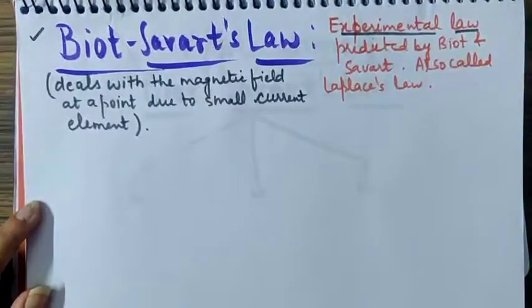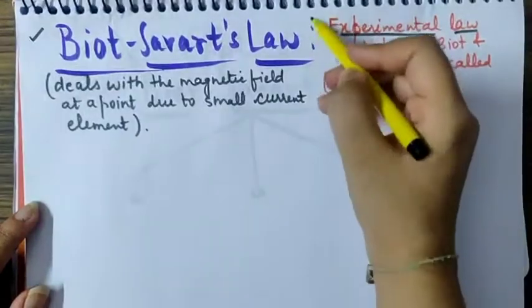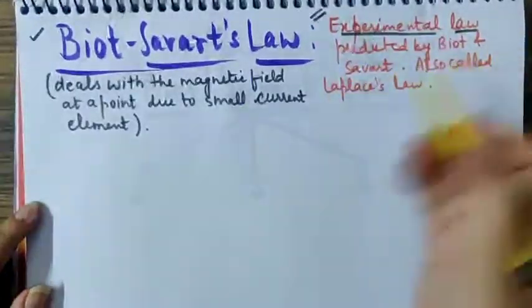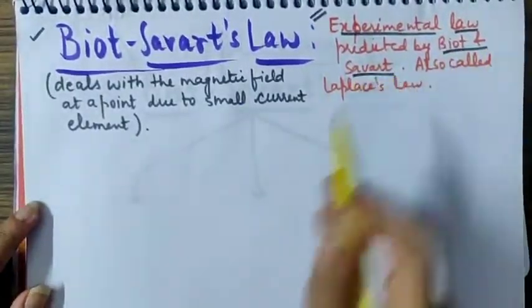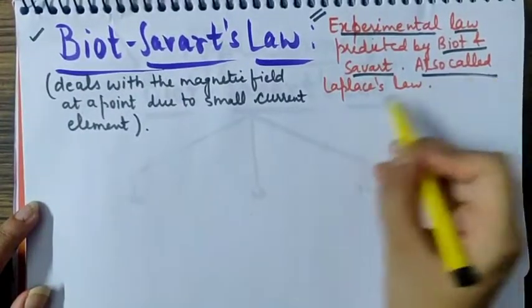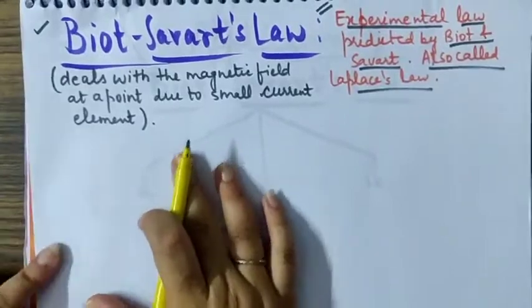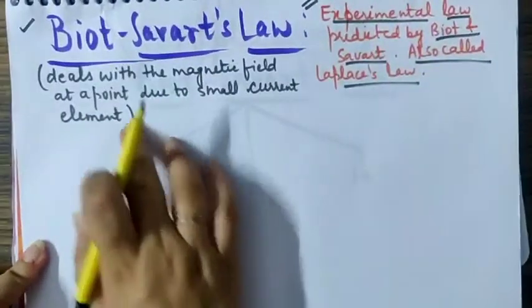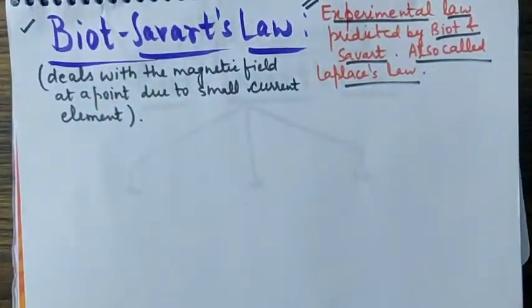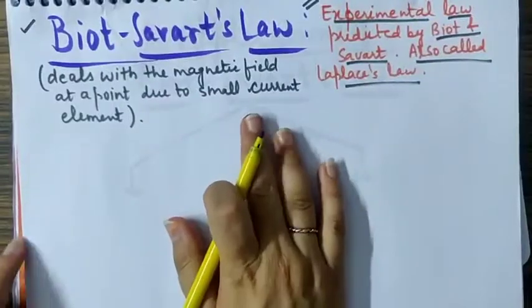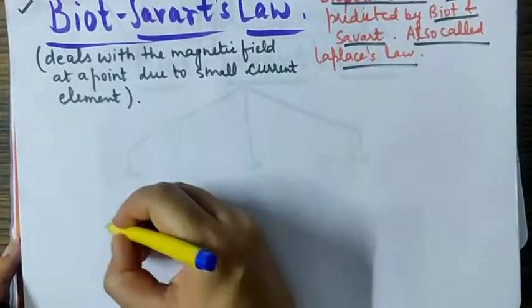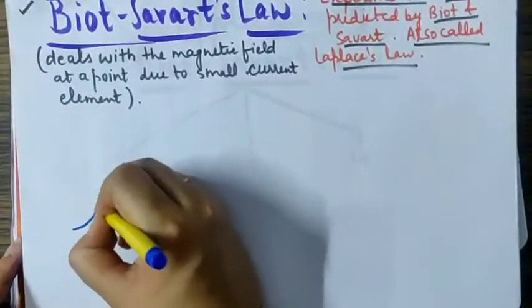It's not exactly a limitation, but I'm just explaining the law. So actually the explanation itself is a limitation. It deals with the magnetic field at a point due to a small current carrying element, meaning it is true for a small current carrying element.